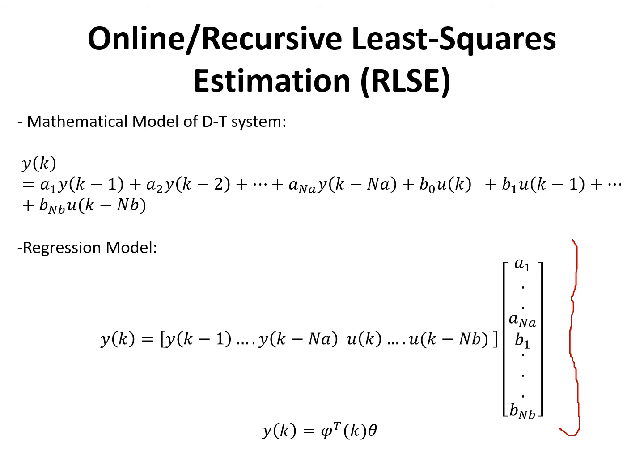Yk equal to Yk minus 1 up to Yk minus na, Uk minus nb, times a1 to ana, b1 until bnb. So we rearrange the equations and we get Yk equal to phi transpose k theta.